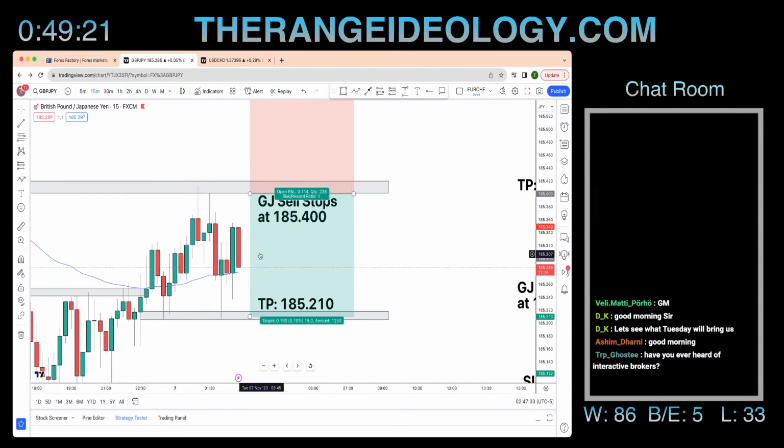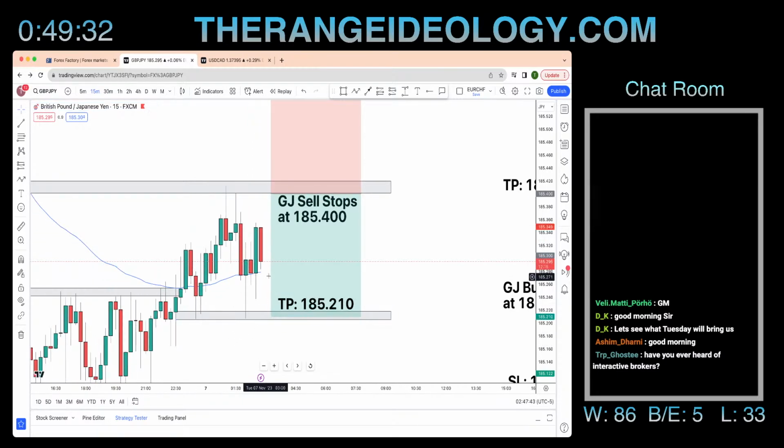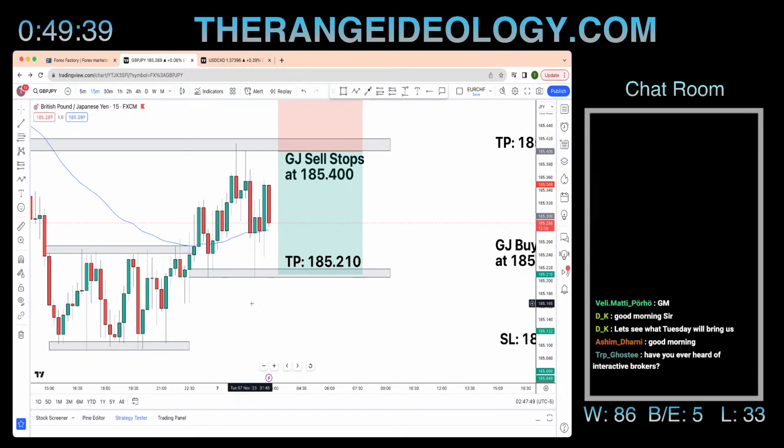So as time gets closer and it is still stuck in this consolidation zone within the range, I'm just going to wait it out then. If it's too close to London opening, maybe a minute or 2 minutes away, I may just wait until the London opening volume kicks in, and then I go ahead and place either a sell stop or buy stop depending on where the price reaches.